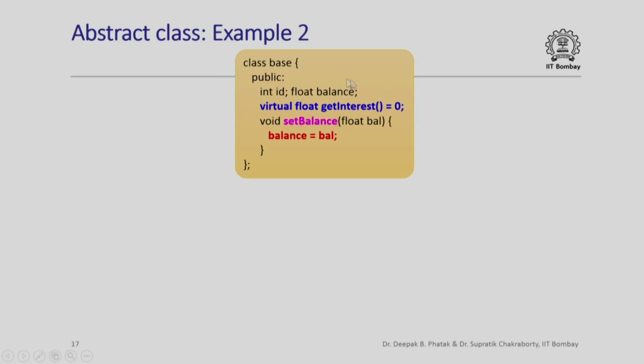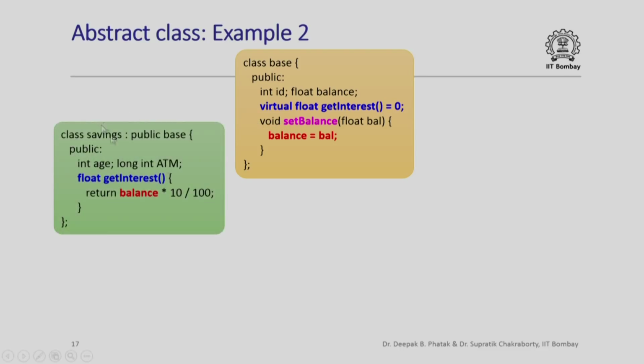Here is another example of an abstract class. This is the base class in which I have declared one pure virtual function, but there is another member method here, which is neither virtual nor pure virtual.